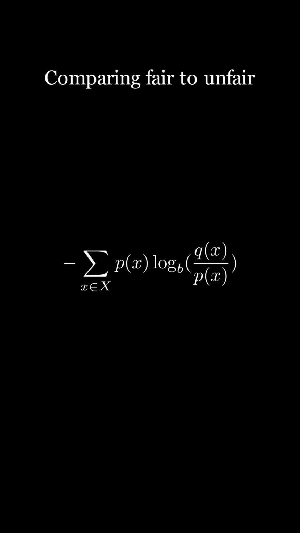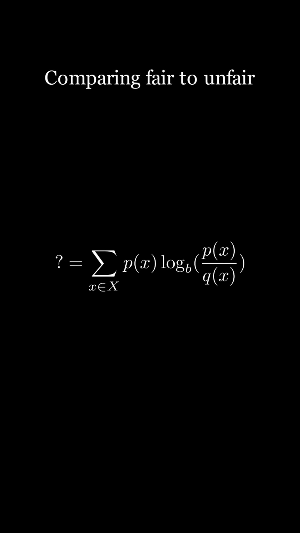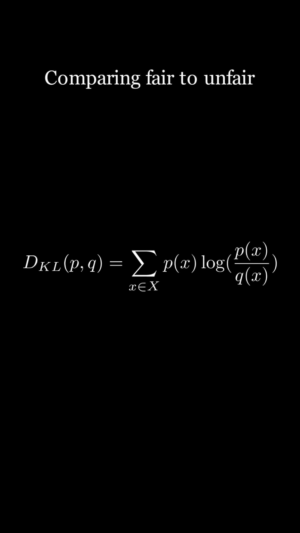So by dividing 1 over p of x by 1 over q of x, assuming p is the law for the fair coin and q is the law for the unfair one, this would mean that the result is in fact the difference in the number of digits needed for encoding, if we went from p to q. Or in other words, the divergence of the law p relative to q. This in information theory is called relative entropy, or more commonly Kullback-Leibler divergence, or simply KL divergence for short.